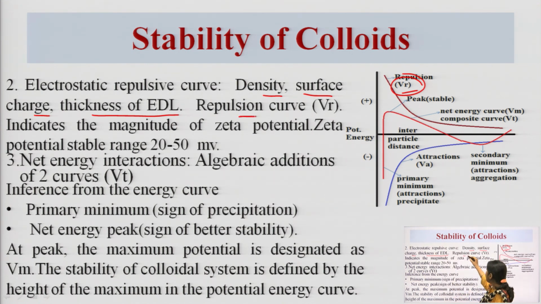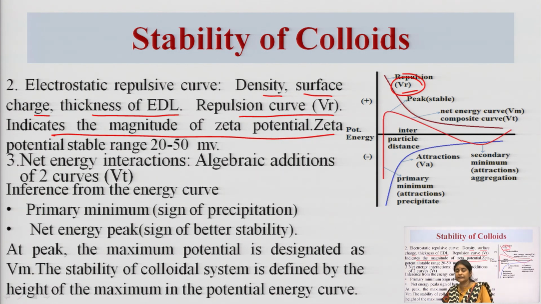The magnitude of zeta potential indicates the repulsion force, and it has been found that when the zeta potential ranges between 20 to 50 millivolts, it gives a stable colloidal dispersion.